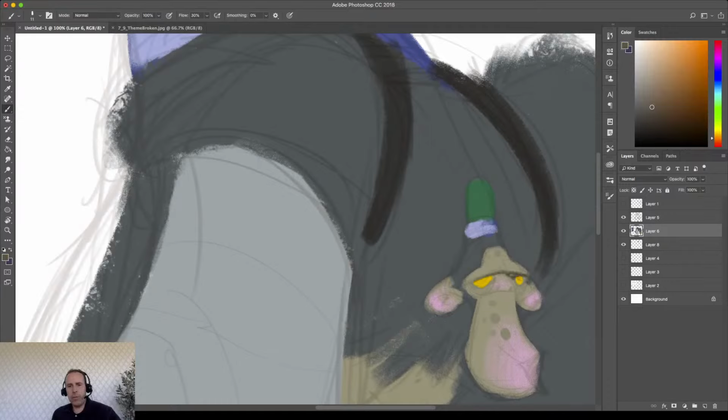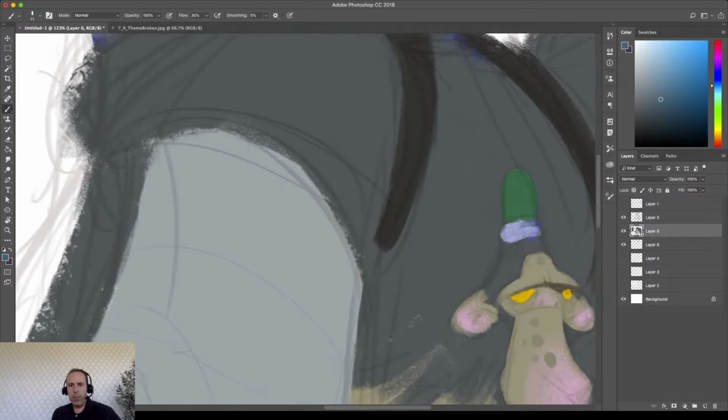So again, don't worry too much about shadow at this point, but it won't hurt to add something in there for the sake of clarity. And now in the eyes, I'm going to go with a blue pupil. Maybe really soft for this one, because it feels like an eye that is dead or something. And then on this one, we're going to go a darker bluish gray.